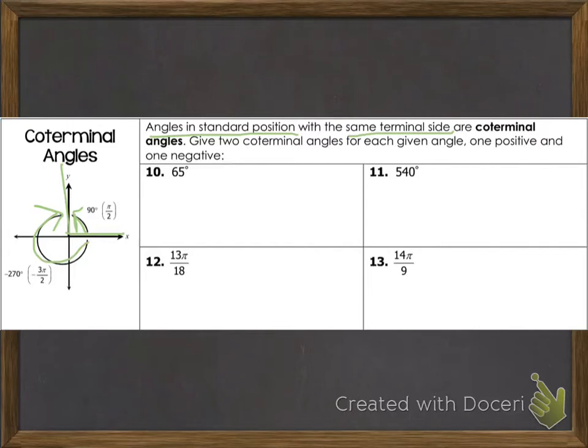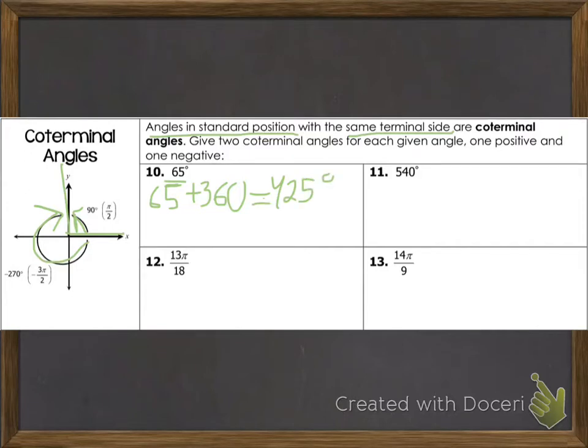So, what if we are just given a degree, like we are given here in 65? If I want to find its coterminal angle, then I'm just going to add and subtract 360. So 65 plus 360 is going to give me 425 degrees. So that's our first answer.